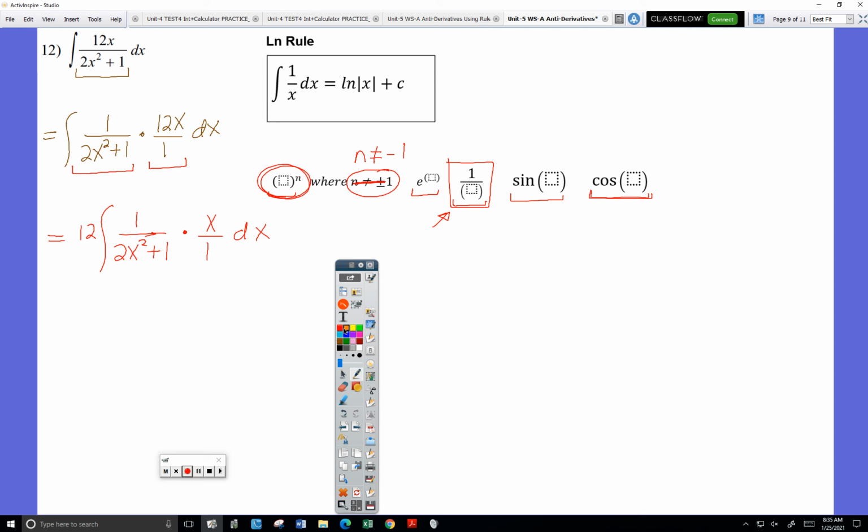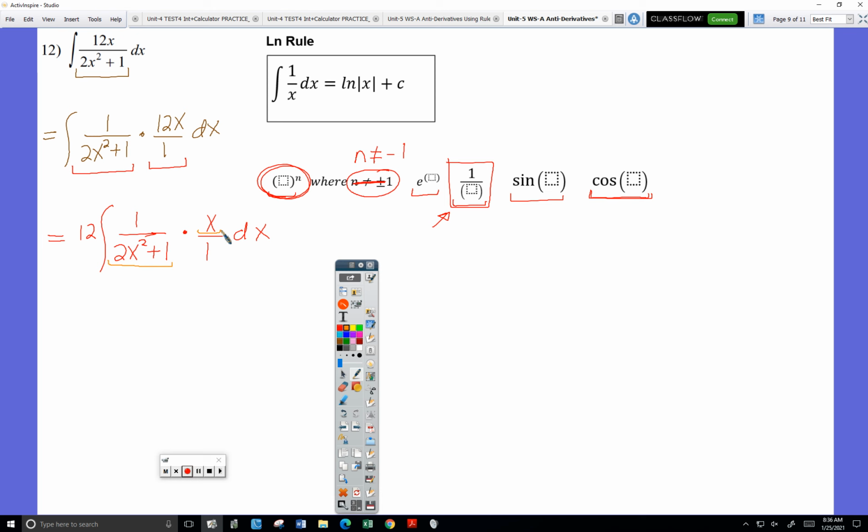We have 1 over something, and we have something to a number. That word something is just, I don't know how else to say it. That's how I was taught, so that's the word I use. You have to choose one of the two somethings as your choice for U. The grammar sounds awful, but you with me?